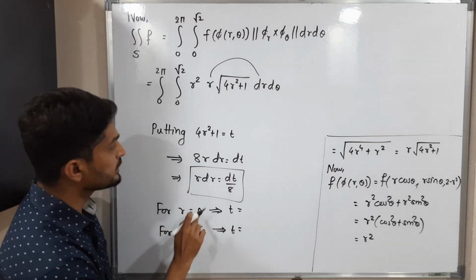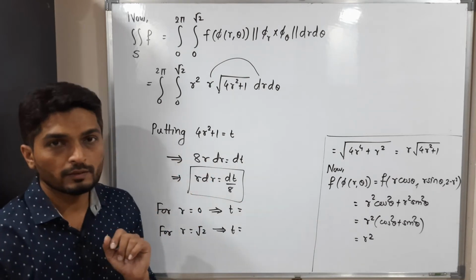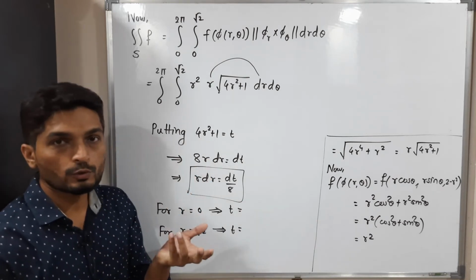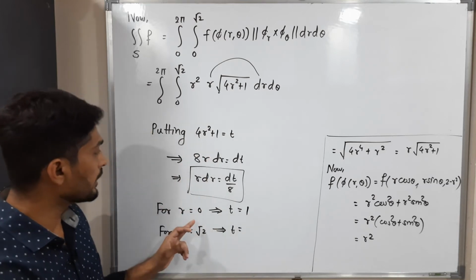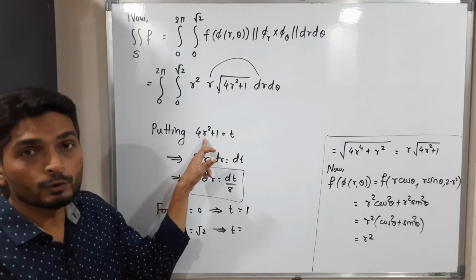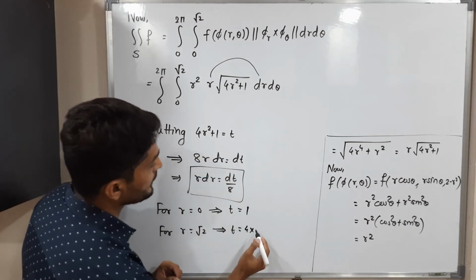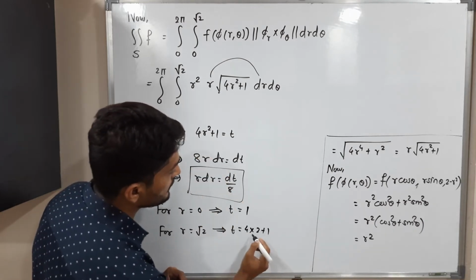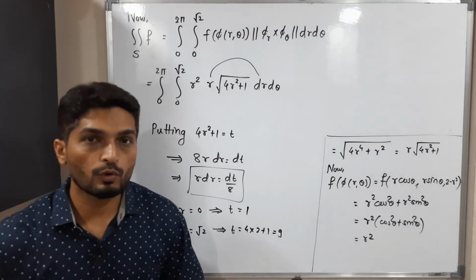I simply put r is equal to 0 here. 0 square is 0, 4 into 0 is 0, so only 1 is left. So t is equal to 1 if you put r is equal to 0. If you put r is equal to root 2, let us see the value: 4 times root 2 square, which is 2, plus 1, that means 8 plus 1, 9. So the value of t is 9. So t varies from 1 to 9.